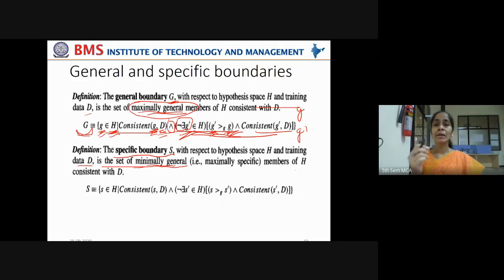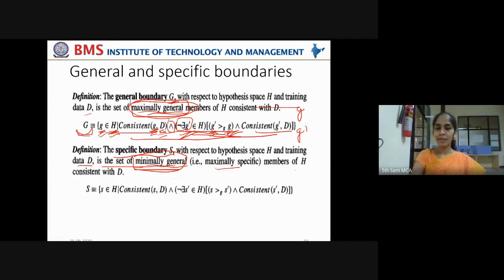Maximally general means minimally specific. These two can be used complementarily, meaning they can be exchanged. So in this definition I can say minimally specific or maximally general. In this definition I can say minimally general or maximally specific. So the entire representation will be the same, except here you are taking the specific hypothesis rather than the general hypothesis.